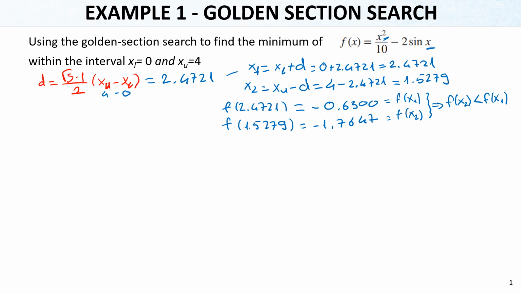That's why we will have the best estimate as x2 with the value of fx2, minus 1.7647. So in other words, whichever is smaller, we will just use its value as the estimate of the minimum. Here fx2 is smaller, so we will use x2.